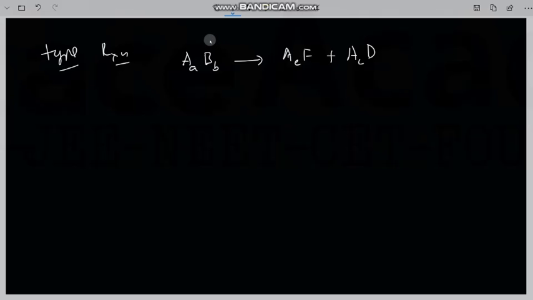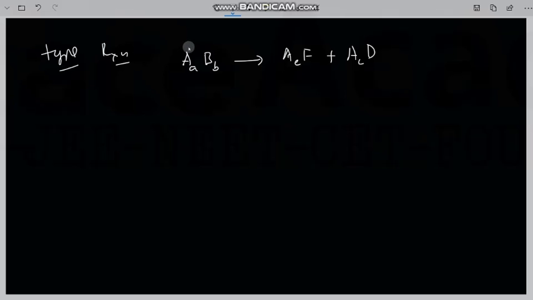Let us see another type of reaction, in which AaBb is the reactant, which is changing to AEF and ACD. Small letters are the number of atoms and capital letters are the symbols of the atoms.